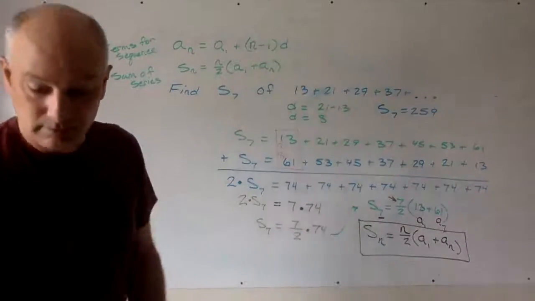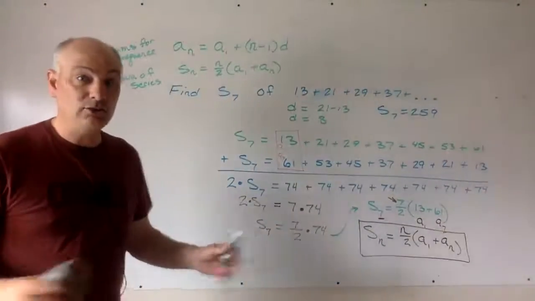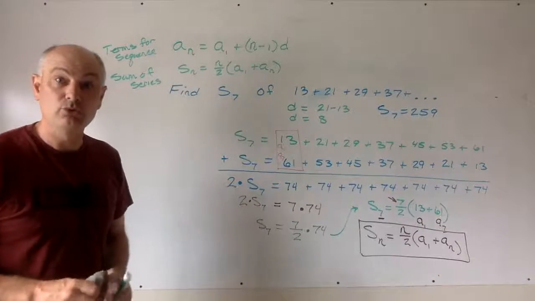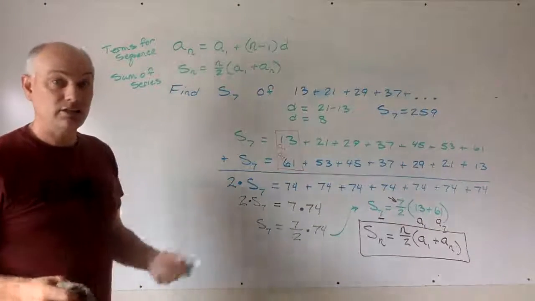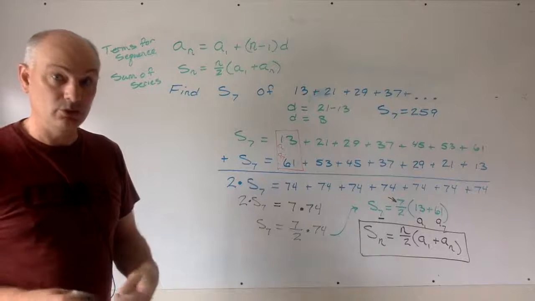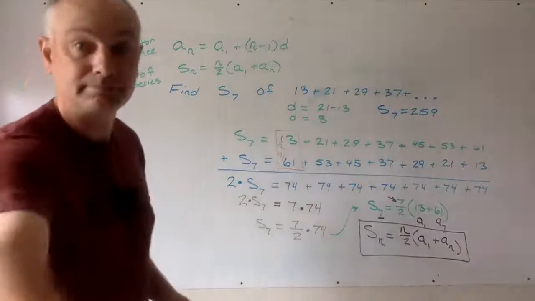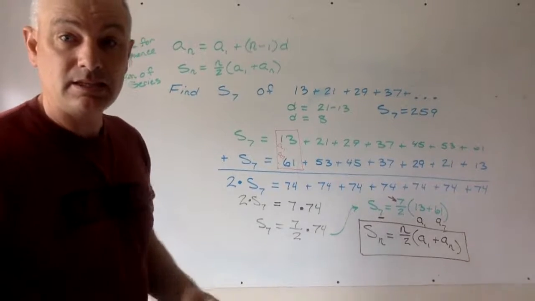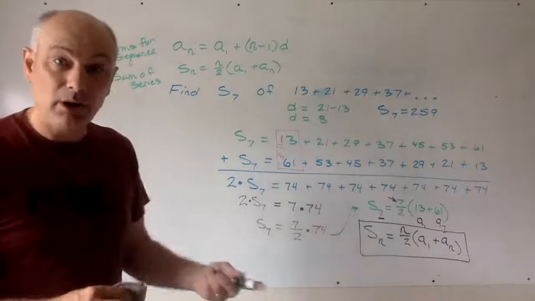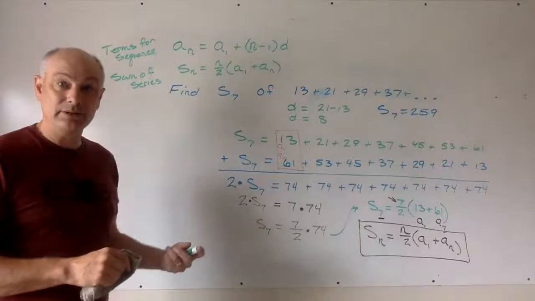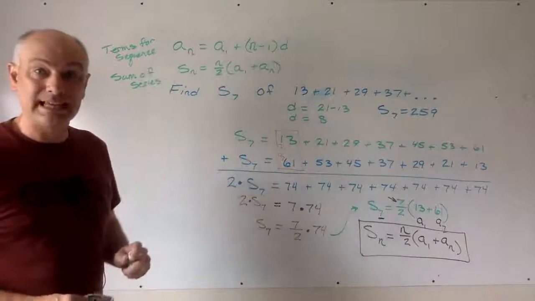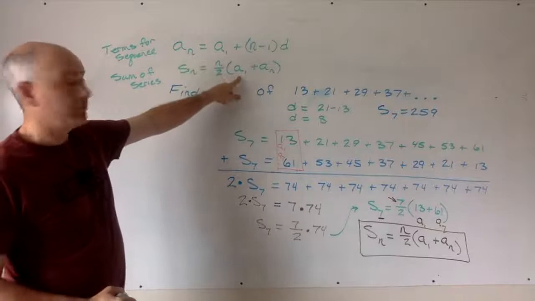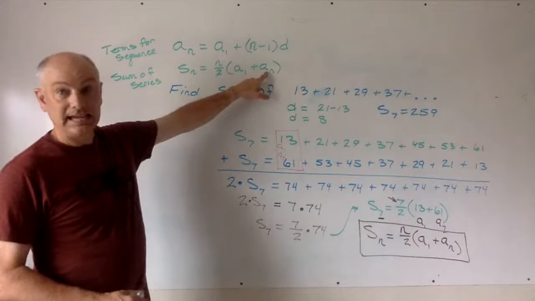So now, everything that I do today is going to revolve around those two formulas. I just need to know which formula I need to use when. So looking ahead, this allows us for any partial arithmetic series to get its sum if we know the number of terms, the first term, and the last term.